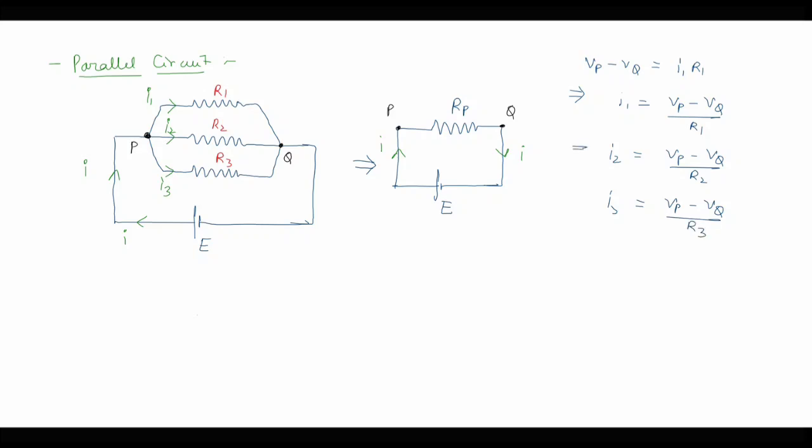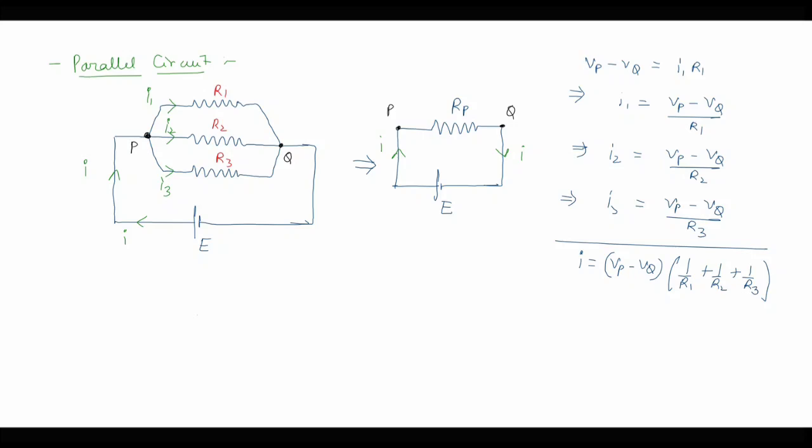If we combine all the currents, we get total current I, which is equal to Vp minus Vq, taking common, 1 by R1 plus 1 by R2 plus 1 by R3.